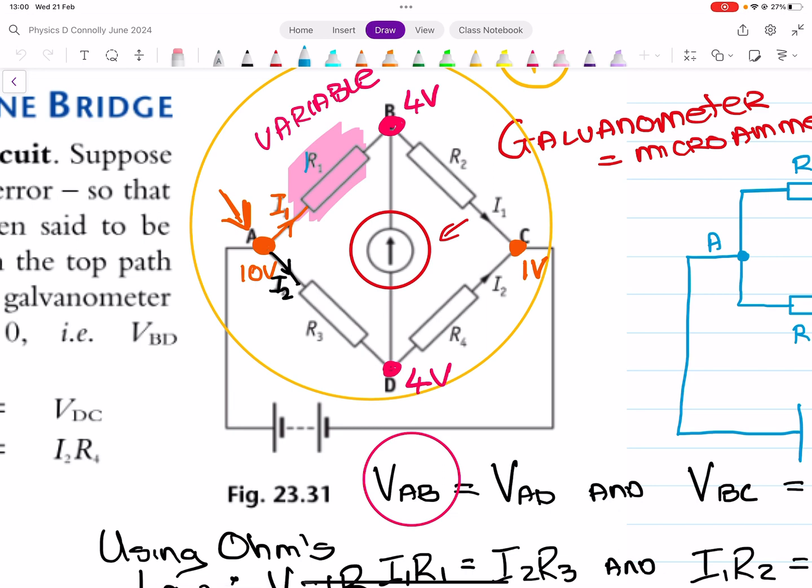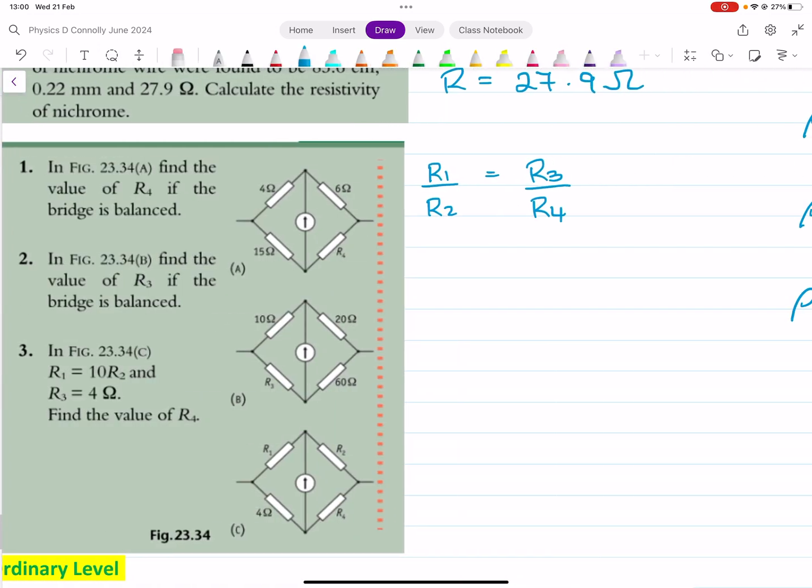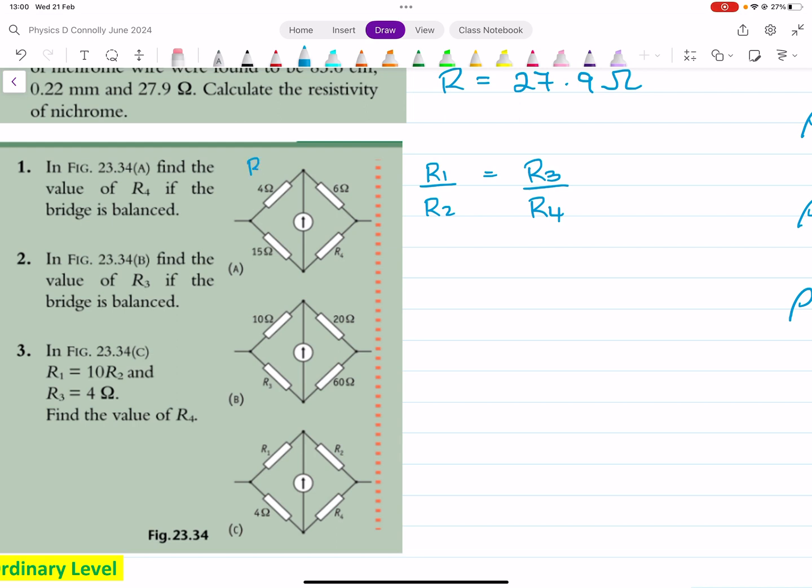So R1 is always here, R2 is always here, do you know what I mean? So this is R1, this is R2, this is R3, and this is R4. And they want us to find R4.